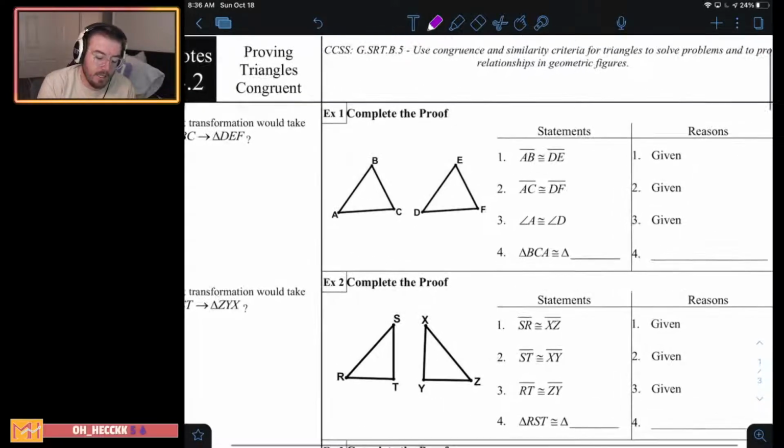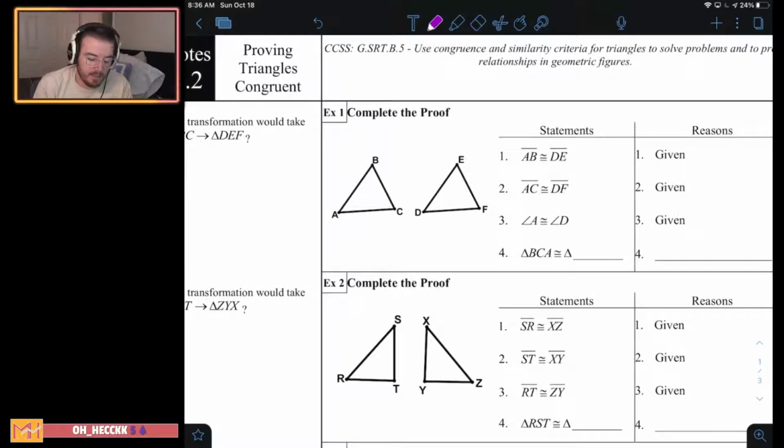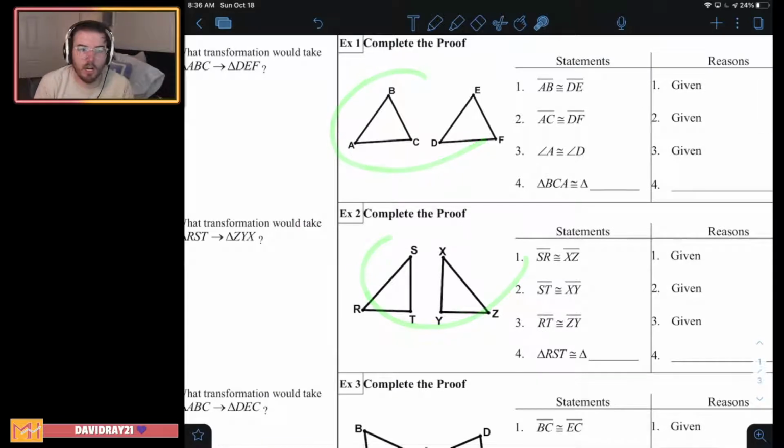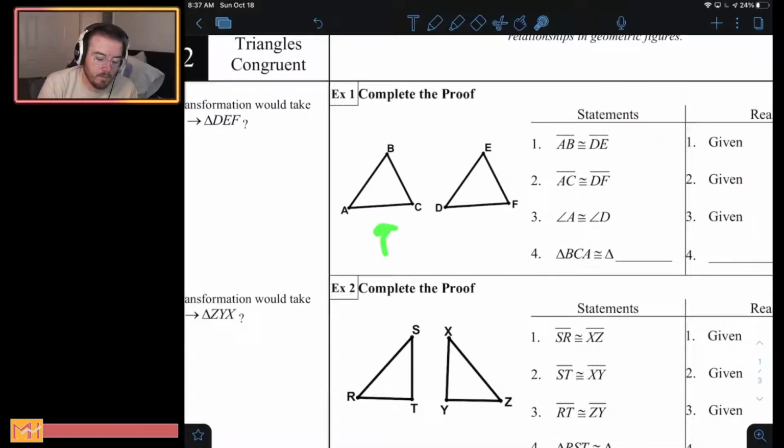Well, you as a student in my math class need to be able to convince me that any of these triangles are congruent. And I'm the teacher, right? In this world, you can't just tell me, well, they look the same, don't they, Mr. Ski? No, that's not good enough.